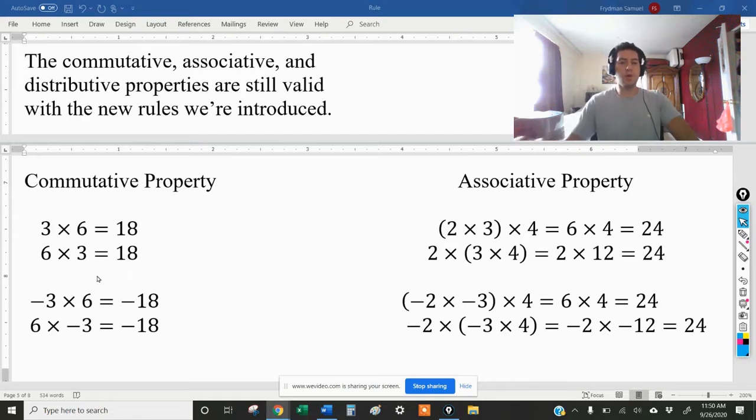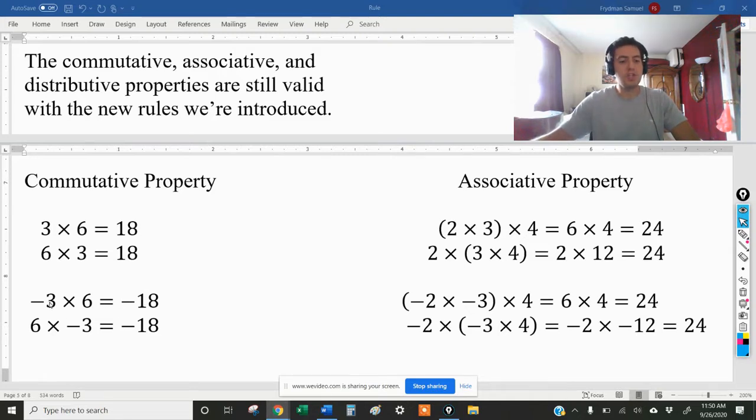Now, what about when we work with negative numbers? Does the commutative property still hold? So let's see. If we do -3 times 6, here we have different signs. So we learned that the answer would be negative when we're multiplying with different signs. So that would give us a -18.